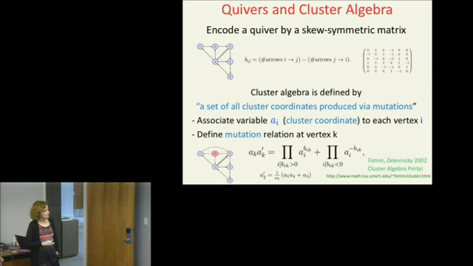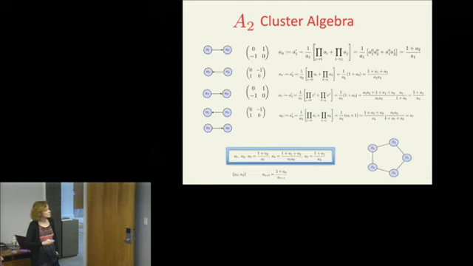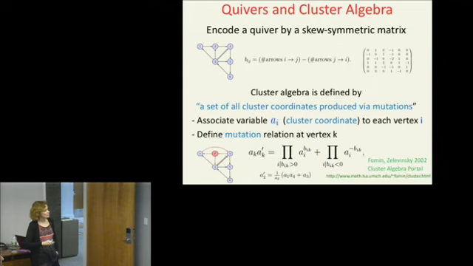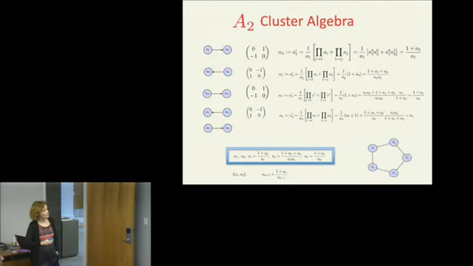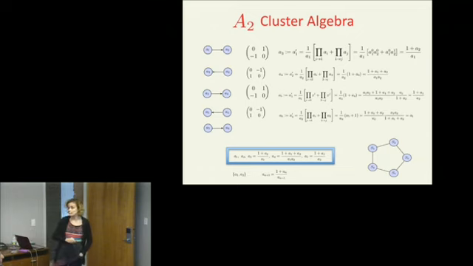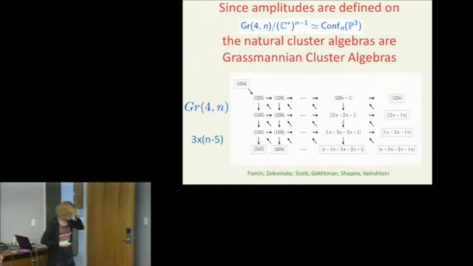Suppose I mutate at node 1. I apply this formula, some B's, some A's, and I get this (1 + A2) over A1. And this continues until we stop. So that's called A2.